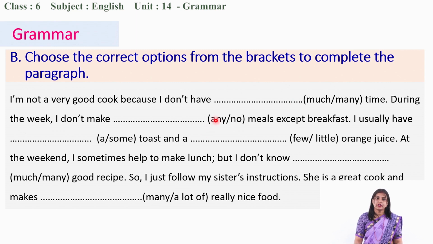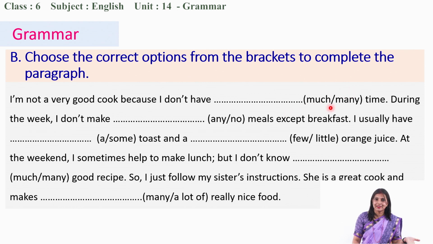Okay, so have you finished it? Great. Now let's see what you have written. Let's read it. I'm not a very good cook. The writer is saying, I'm not a very good cook because I don't have... what do I not have?